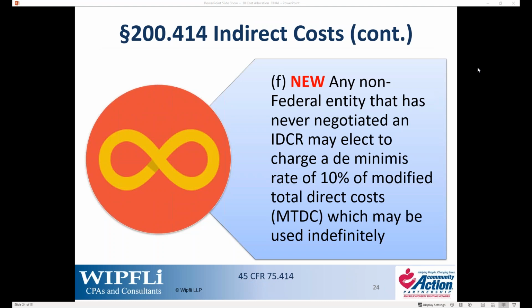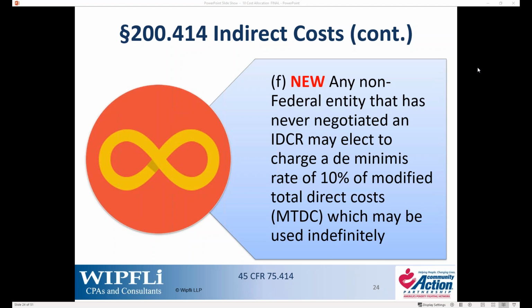Now, one thing new with the uniform guidance is the introduction of a de minimis rate. The uniform guidance does not require agencies to use an indirect cost rate, but they have provided methodologies that make it easier for agencies to use one. And this de minimis rate is one of those methodologies. What it says is that any non-federal entity that has never negotiated an indirect cost rate can elect to use a 10% de minimis amount.